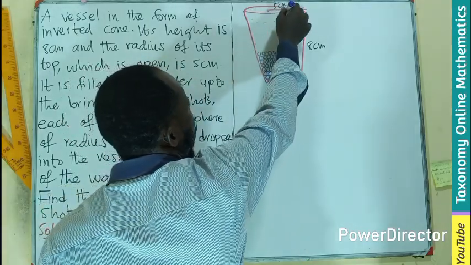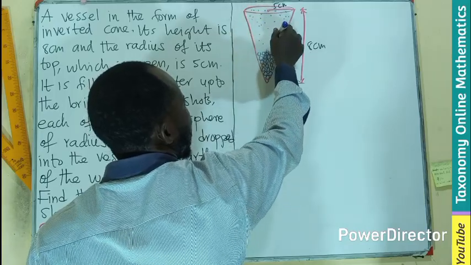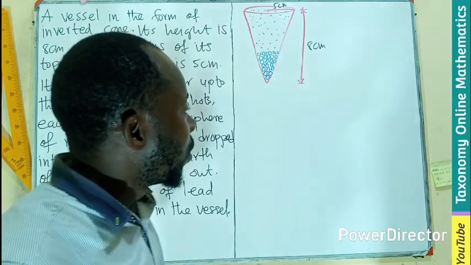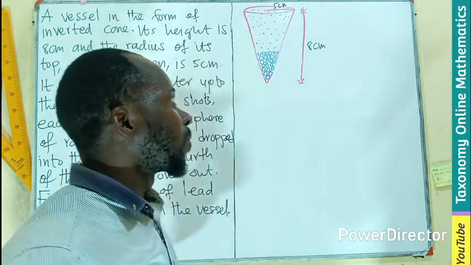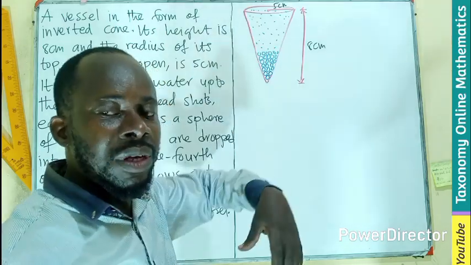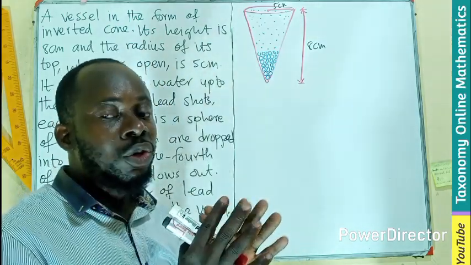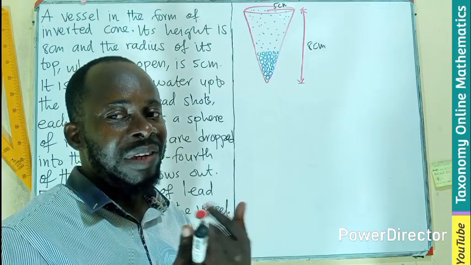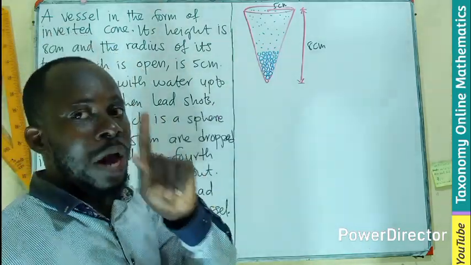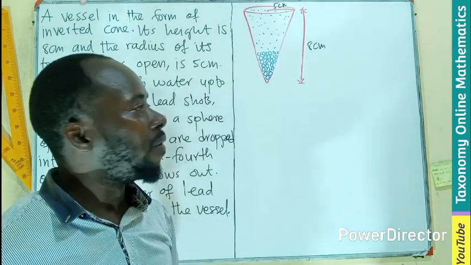If the whole cone is filled with water to the brim before the lead shots are dropped in, the volume of water that flows out is equal to the volume of all the lead shots. So if n represents the number of lead shots, then n times the volume of one of them will give us the idea of how many of them there are.